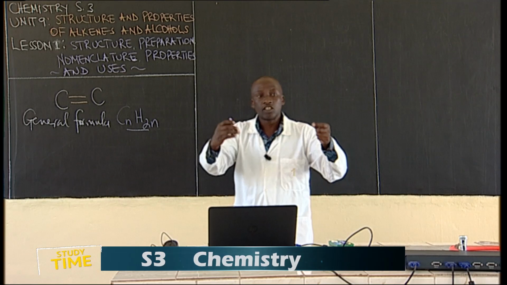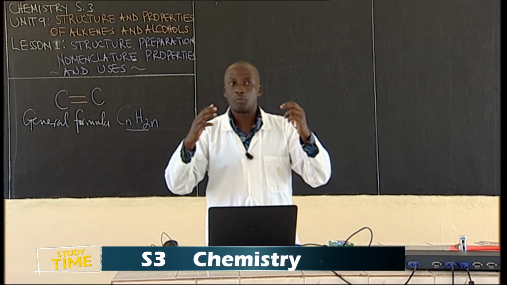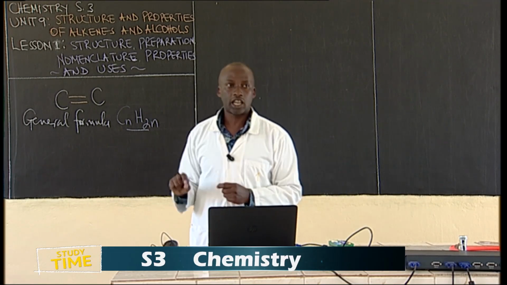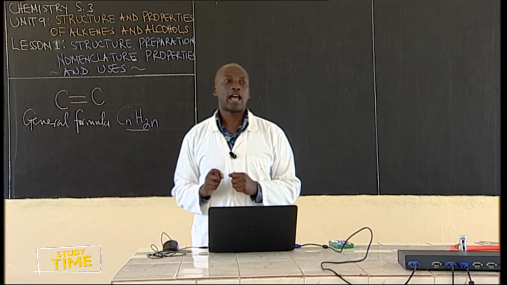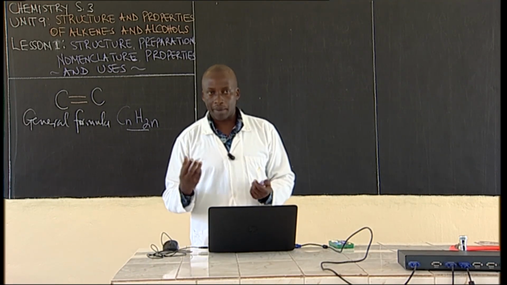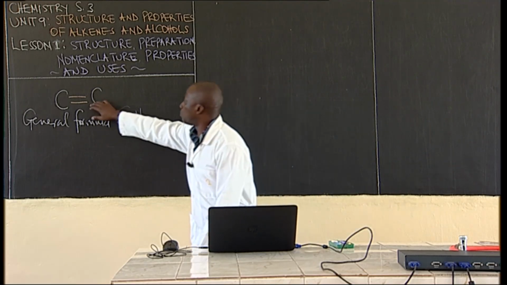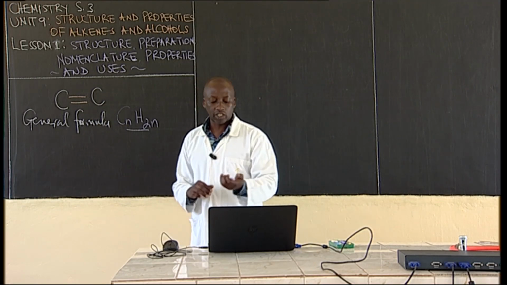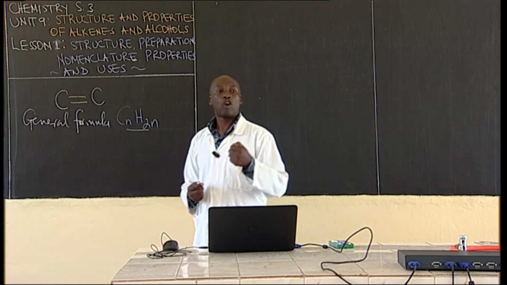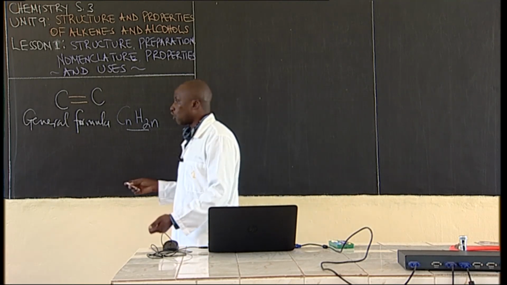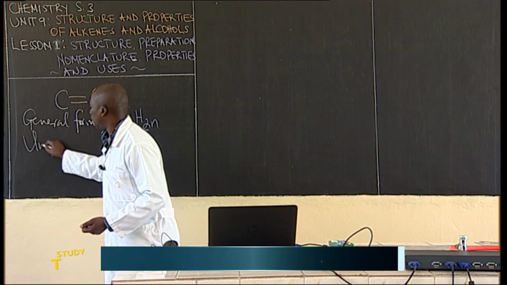These are some of the things you need to remember about the compounds. The general formula, and you should remember that these compounds, because of the presence of the double bond, are also generally called unsaturated compounds.